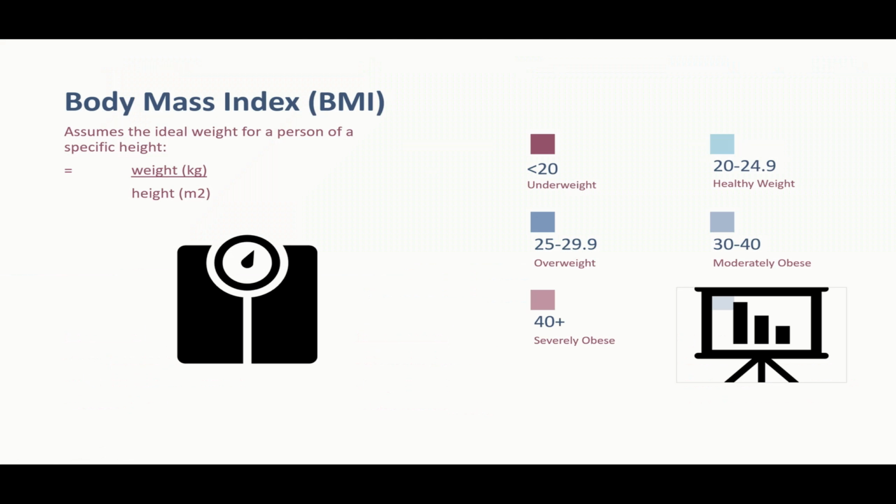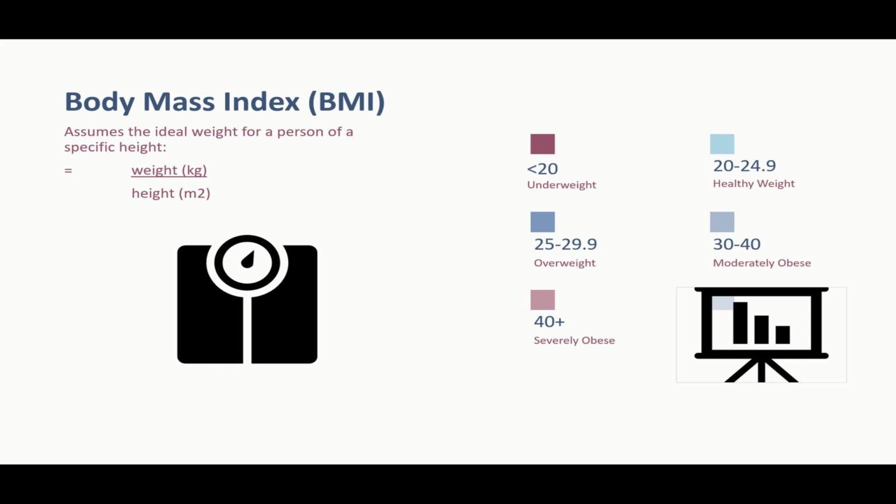Another method of body composition assessment is body mass index. Although this doesn't actually measure anything to do with our body composition, it simply looks at somebody's ideal weight based on their height. So it takes your weight in kilograms and you divide that by your height in meters squared.